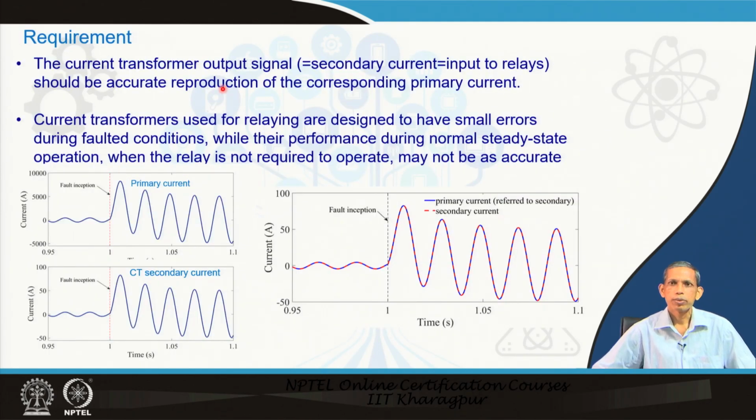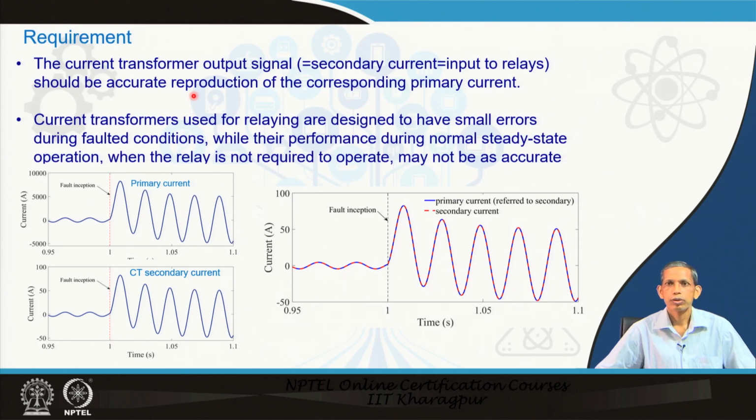Now, what is the essential requirement of a good CT from the protection perspective? As we know, the CT should give us the corresponding current in the secondary. It will be a scaled down current, but all our analysis is based on the primary side, the system side current.